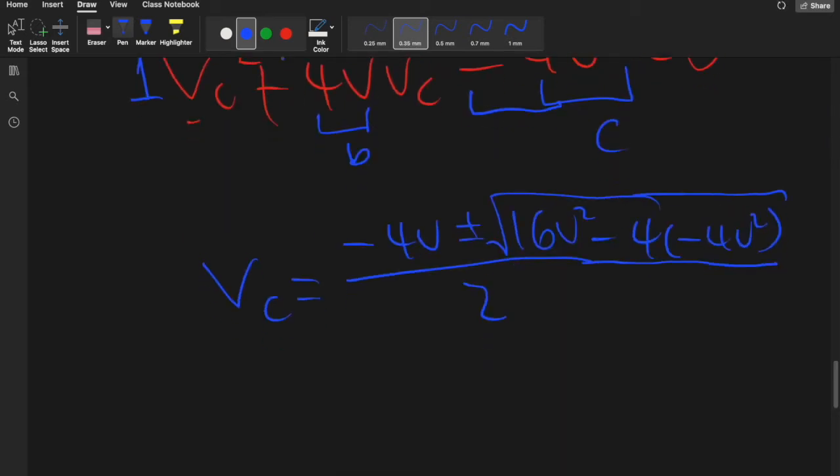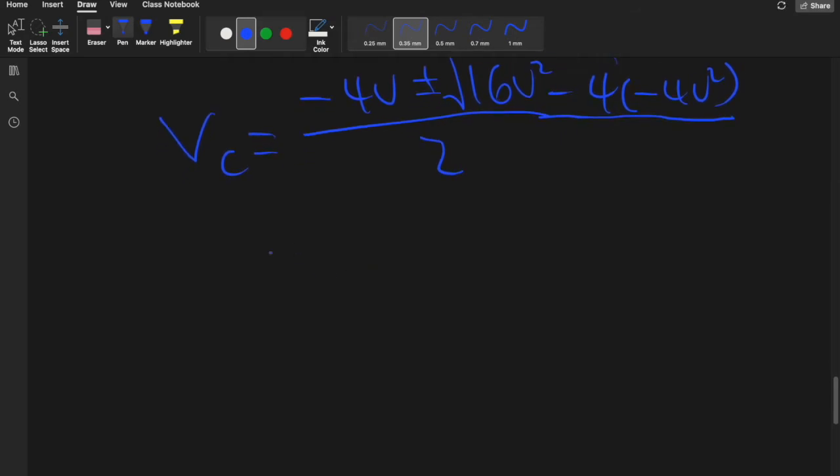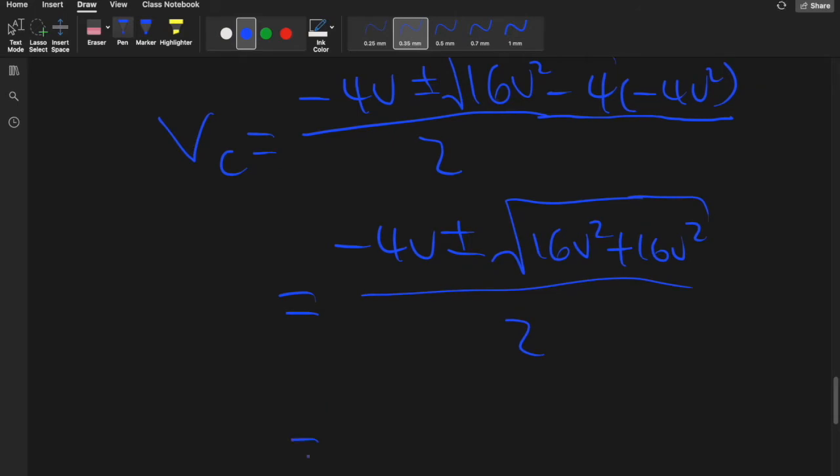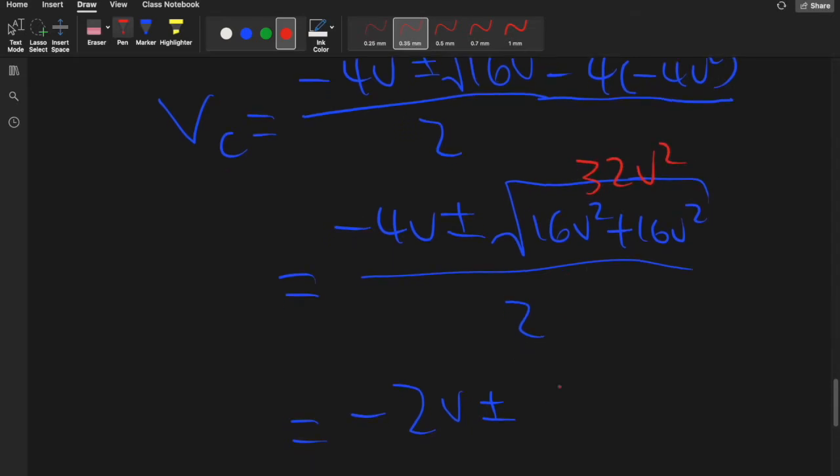Alright, it seems like everything is correct so far. So here is 2V plus or minus the square root of 32V squared.